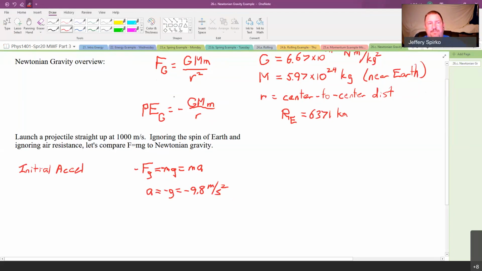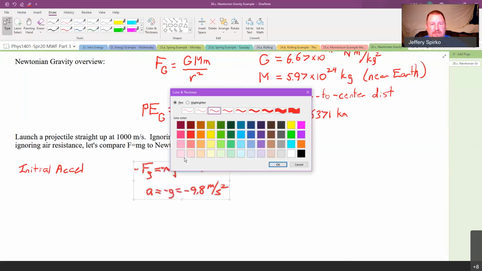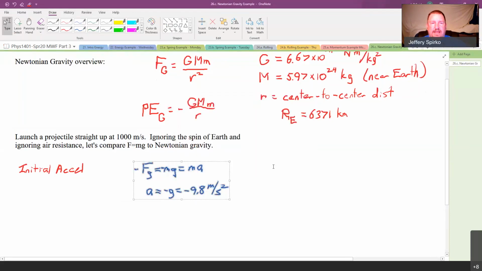In Newtonian gravity, maybe I should make regular gravity a different color because I had Newtonian gravity being red up there. So in Newtonian gravity, we would have minus force of capital G equals minus GMm over r squared is ma. So a would be minus capital G capital M over r squared.